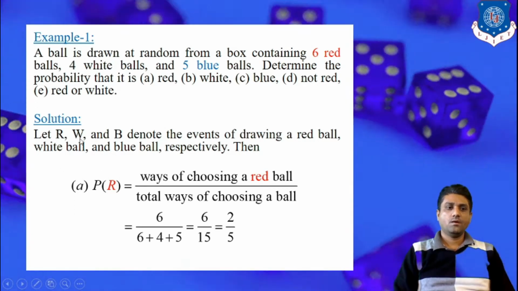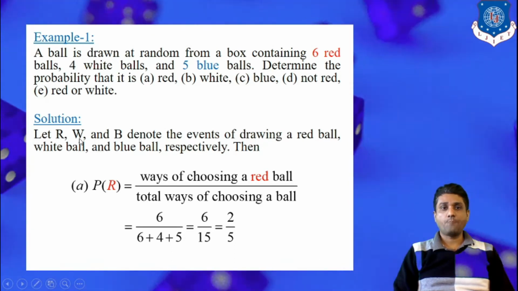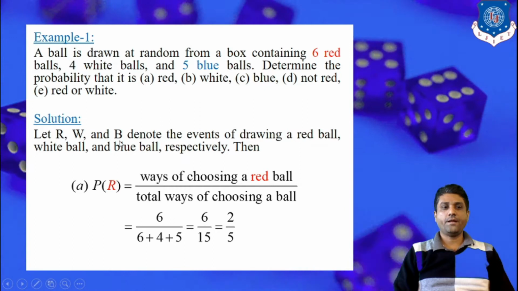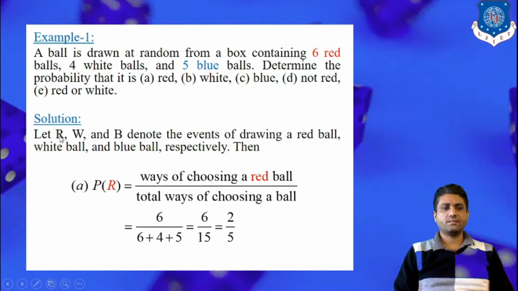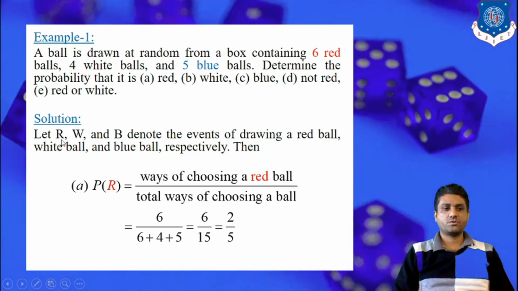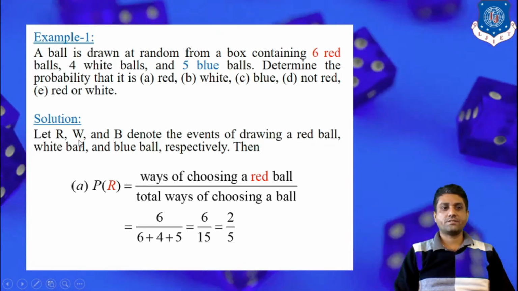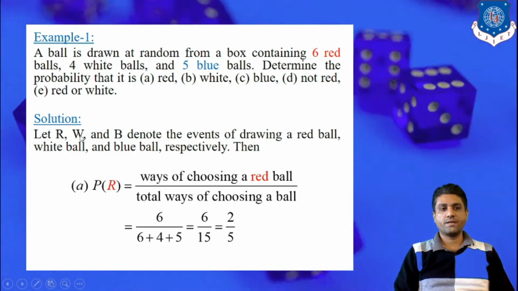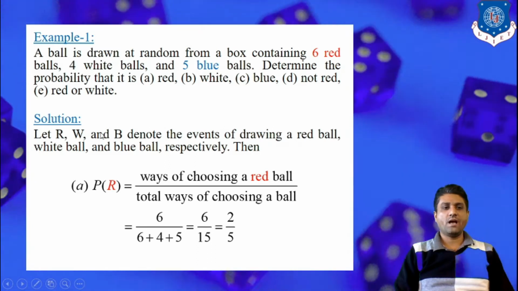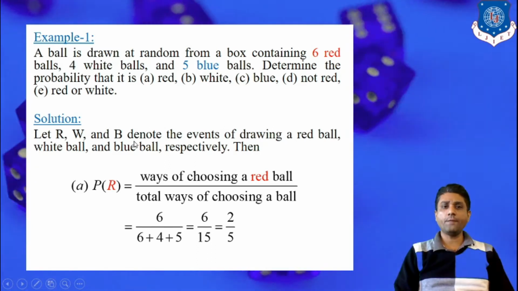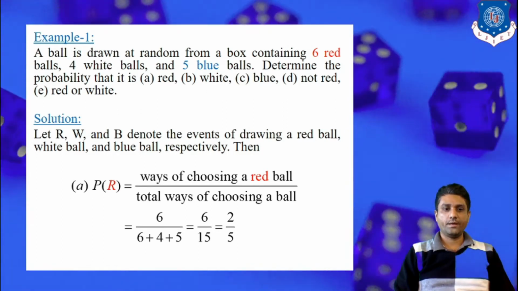W represents getting a white ball. Capital B corresponds to a blue ball. So we simply consider the first letter: red, so R; white, so W; and the first letter of blue is B. So we use the notation R, W and B to represent getting a red, white and blue ball respectively.